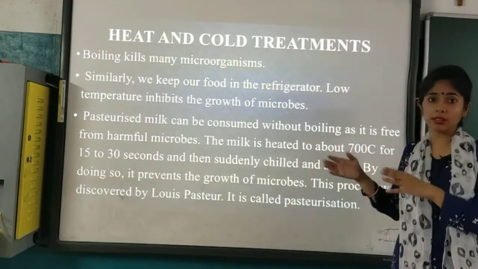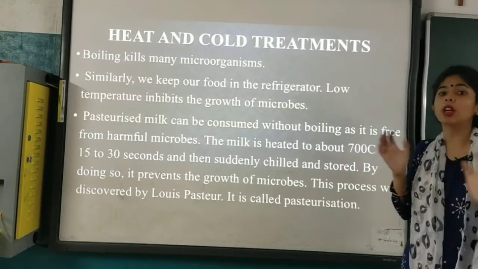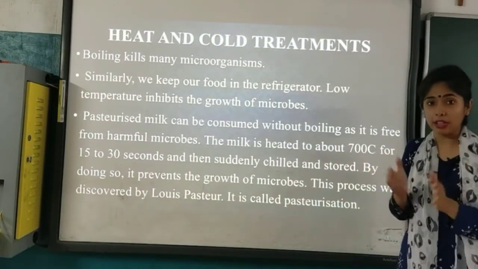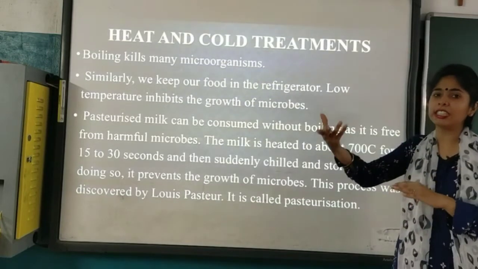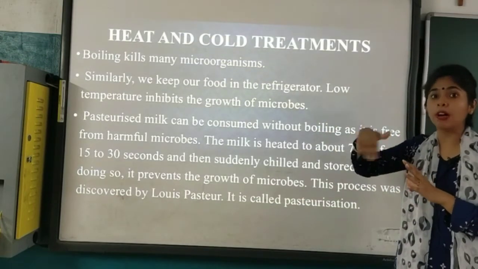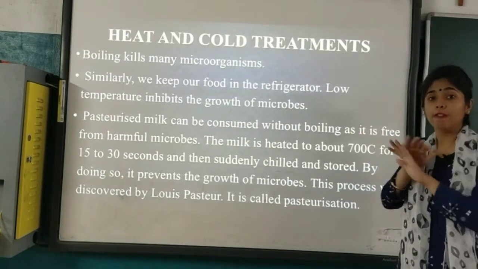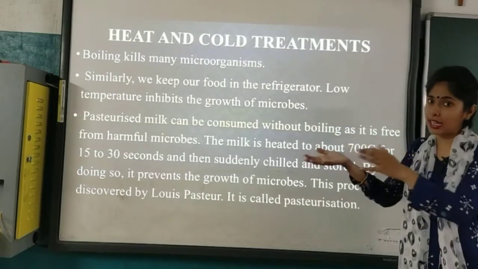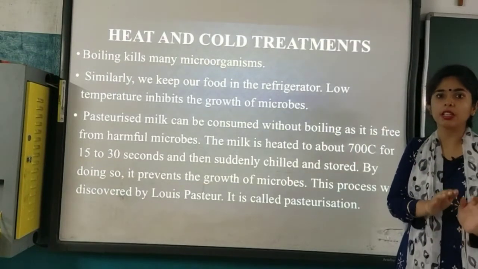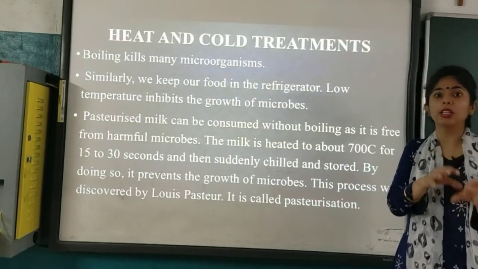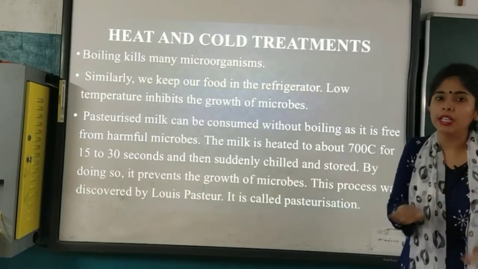So in this method, from boiling it and suddenly cooling it, what happens? The microorganisms' growth gets stopped at 700 degrees Celsius, that is above the boiling point. The milk becomes free from microorganisms, and as we decrease the temperature and put the milk in the freezer, the microorganisms' growth will be stopped.